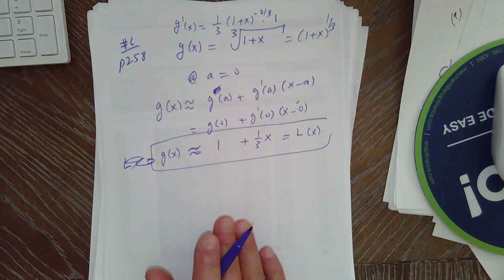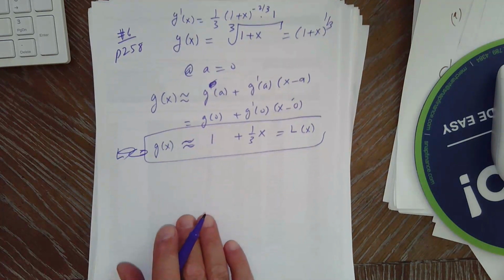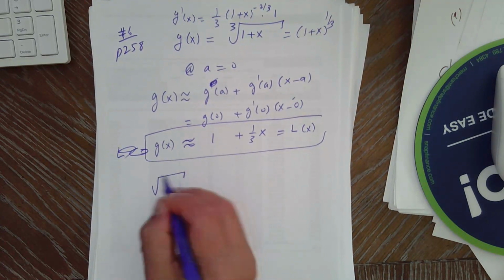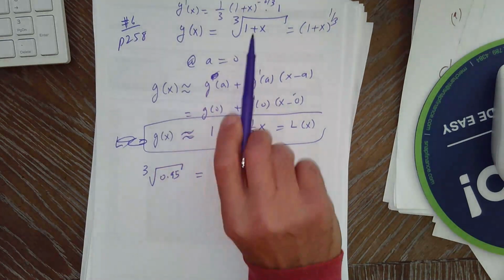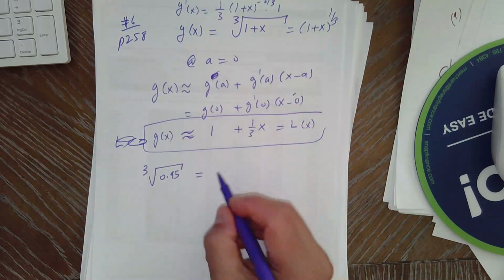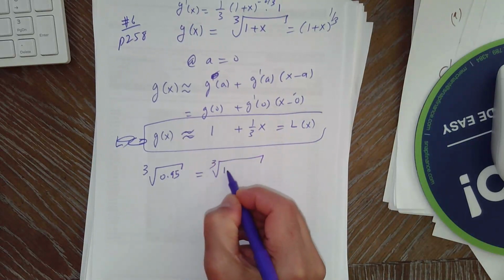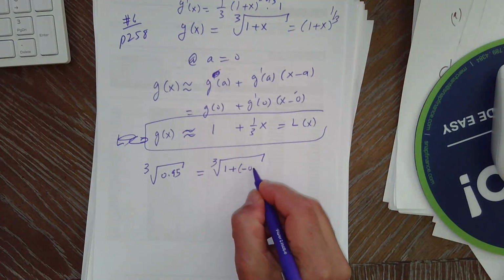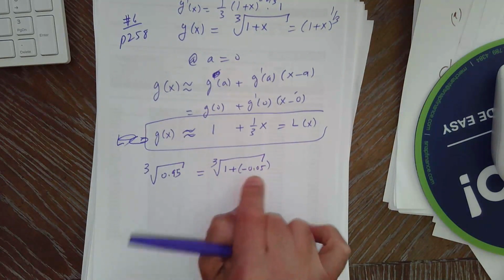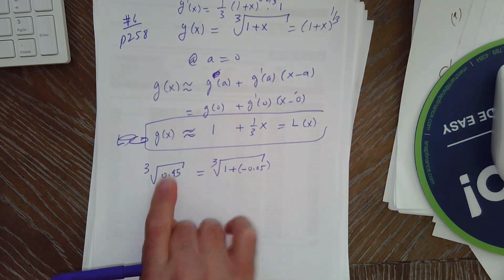And it says use it to approximate the cube root of 0.95. So if you want the cube root of 0.95, you've got to match it with this, cube root of 1 plus x. So x has to be negative 0.05, right? 1 plus negative 0.05 is going to be 0.95.